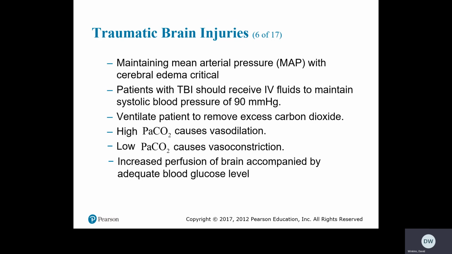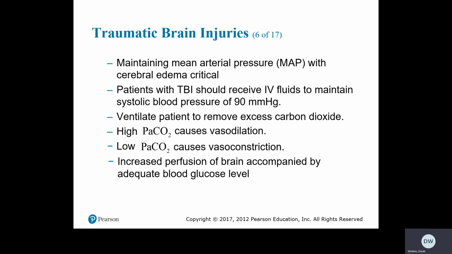So we're going to monitor that blood glucose level, so that the brain can function properly. When we talk about the blood glucose level, it's really important that we're not giving them too much. Glucose is a large particle. It's a hyperosmolar medication that we give.